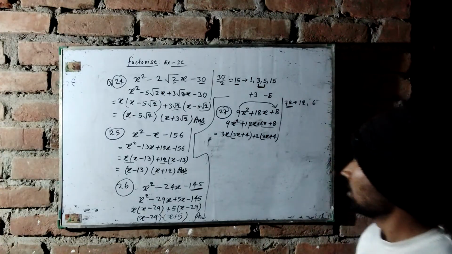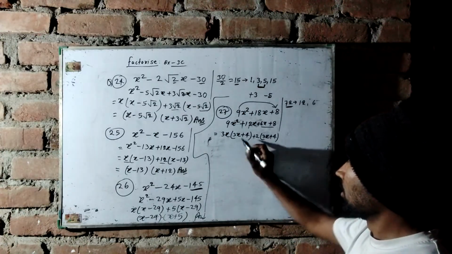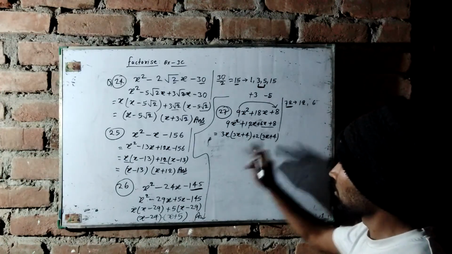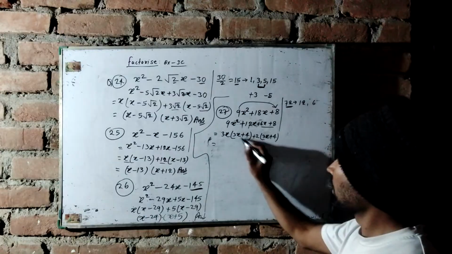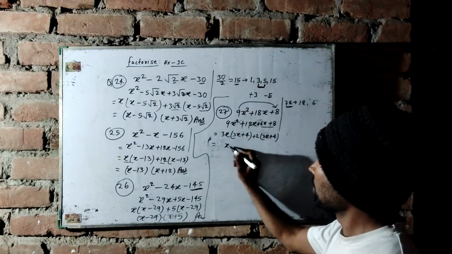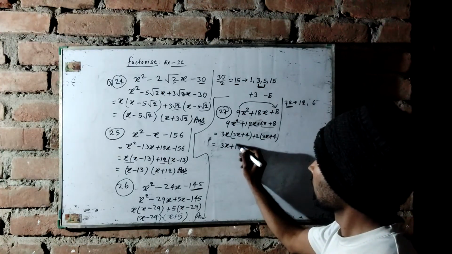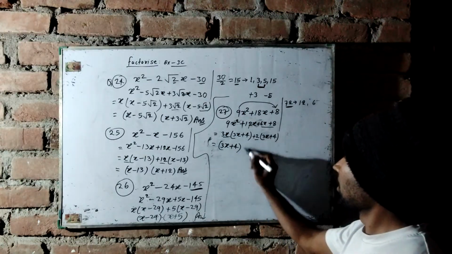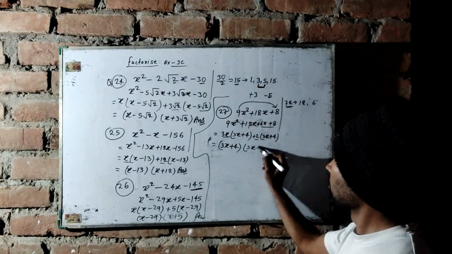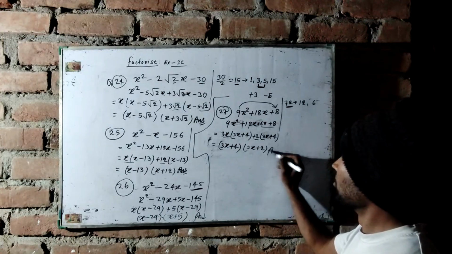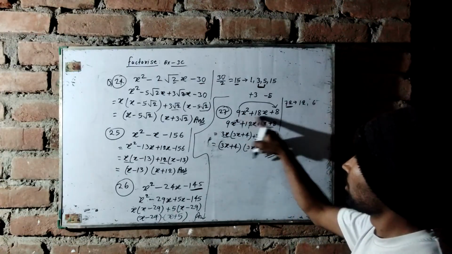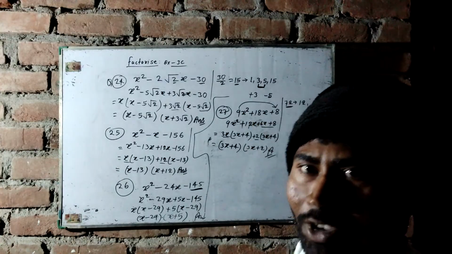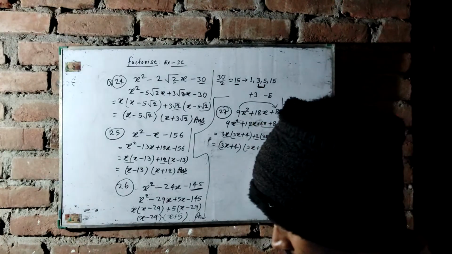Now you can see clearly 3x plus 4 is present in both terms. So we can take 3x plus 4 as a common and we can write 3x plus 2 as a multiple. These are the two required factors of this polynomial. Now let's go ahead to the next questions.